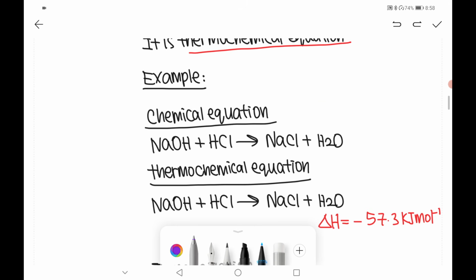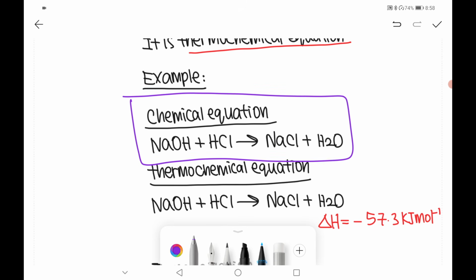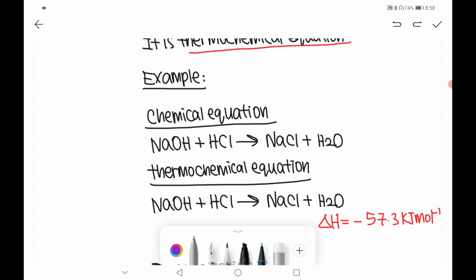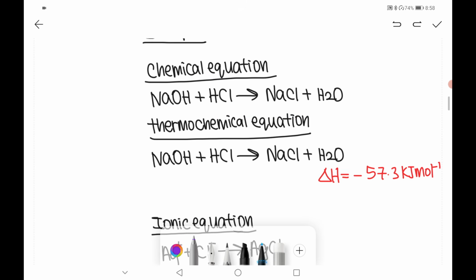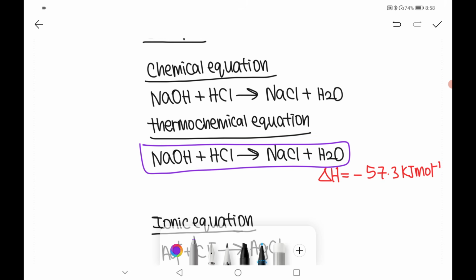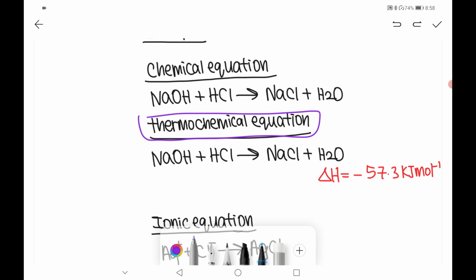Example: this is a chemical equation. If you just add in the delta H, so that this chemical equation has delta H inside, then you call it a thermochemical equation.